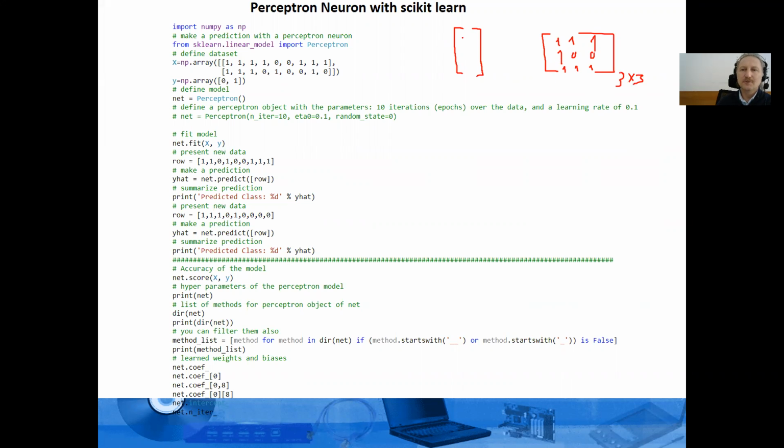But when we give this to MATLAB, we arrange it as a column: 1, 1, 1, 1, 0, 0, 1, 1, 1. In Python, we do not give it as a column. We give it as a row, keeping these numbers in one row. After that, we give it to our network.